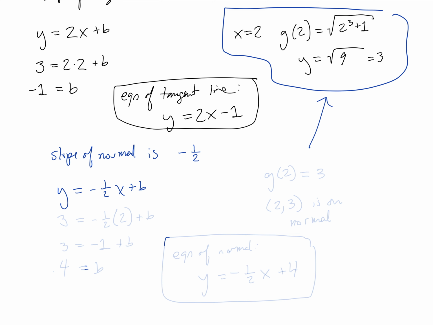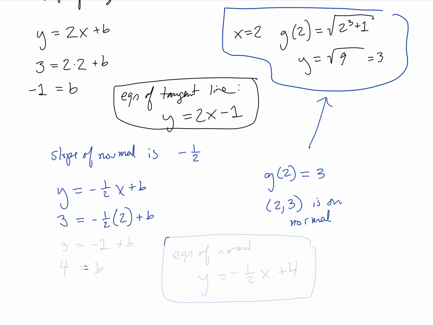And so we can find it by using what we had before. This is plugging in and saying g of 2, the original function, was equal to 3. So the point (2, 3) is on the tangent line, the normal line, and the original function, but it's on the normal line that's what we're looking at now. And so we're plugging in y is 3 equals negative 1/2 times x is 2 plus b.